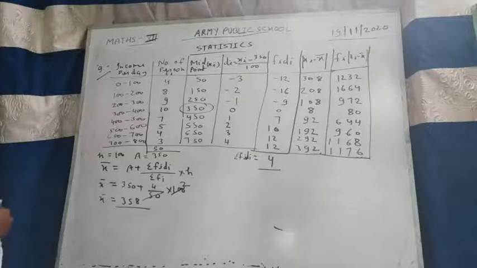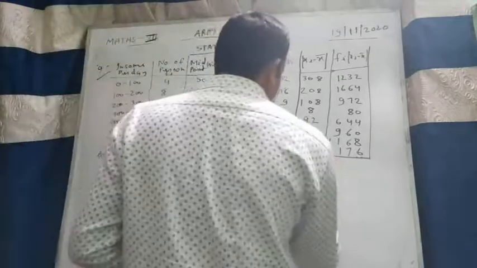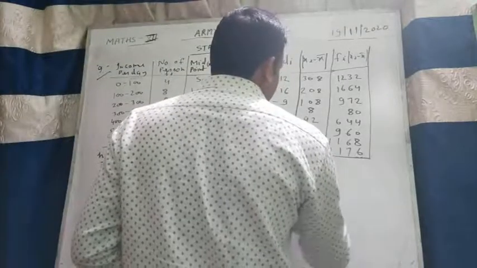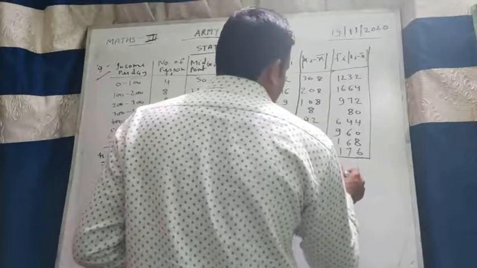Okay. Now we will add these all fi modulus xi minus x bar, and we get what? After adding we get summation. This is our summation fi modulus xi minus x bar.